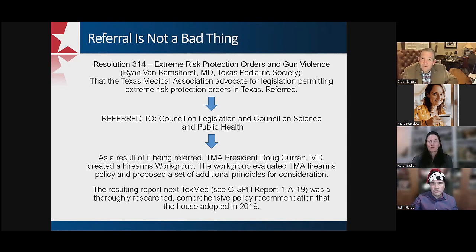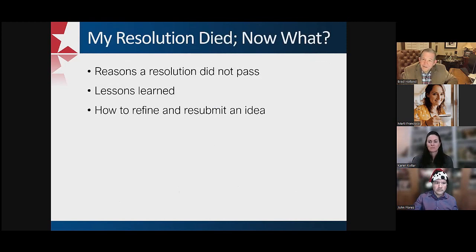Well, we're rounding the corner here, almost done. A few more slides. I will say, of course, there is always that possibility a resolution is not adopted. If that happens, certainly figure out what the problem was. Especially if it does fail by way of the reference committee being against it or heavy testimony against it, talk with the people who testified against it or the reference committee who recommended it not pass, and try and learn something from that.